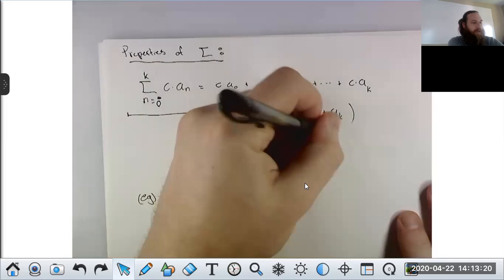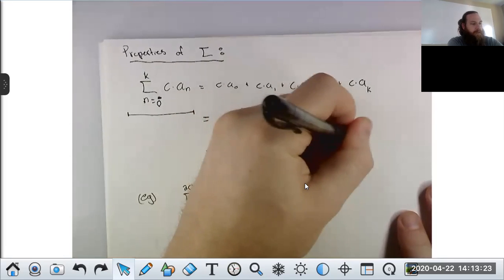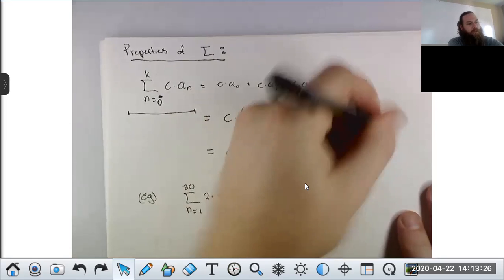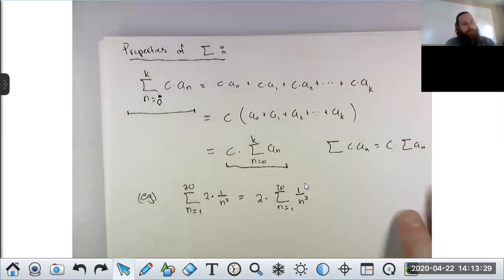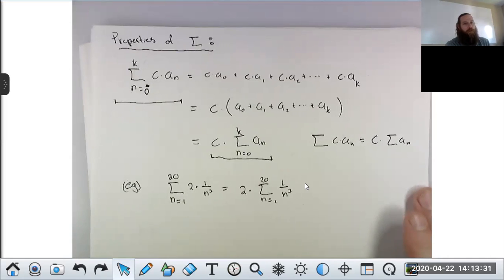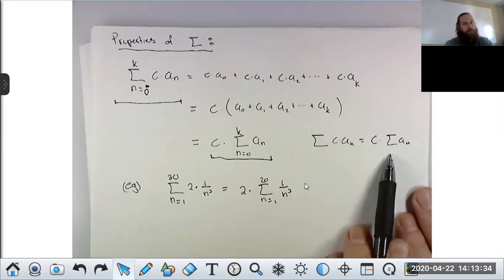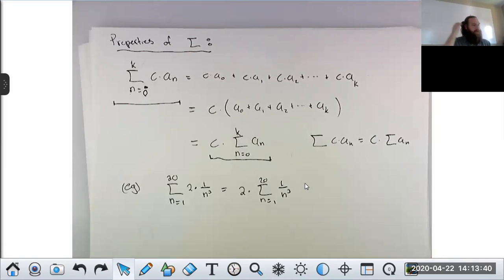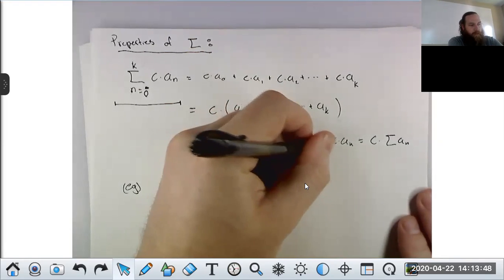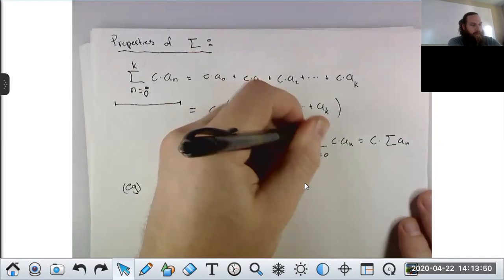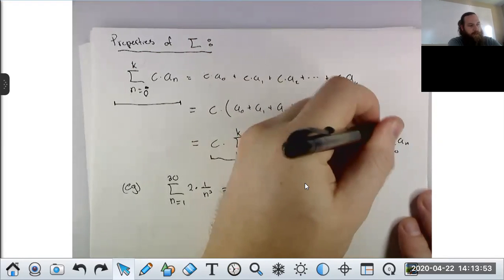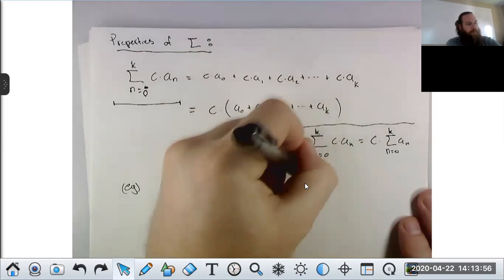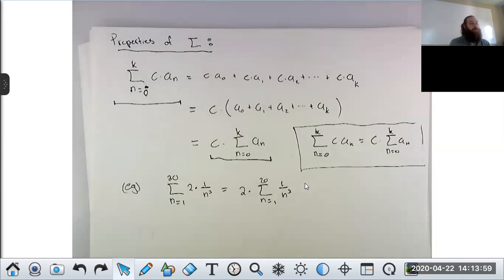You can write it in a single line as sigma C times a_n is equal to C times sigma a_n. And sometimes when we talk about these properties, we like to leave off the bounds because this is really true independent of the bounds. And that's why I was hesitating whether to write a j or a 0 or something else down there as my starting value of the sum. But if you are more comfortable leaving the bounds in, you can use whatever you want here. So as I wrote it there, it would be like this. So constants can pop out of sums.